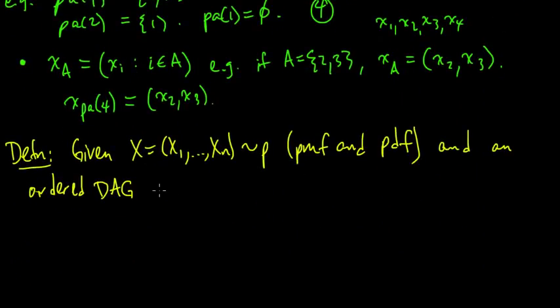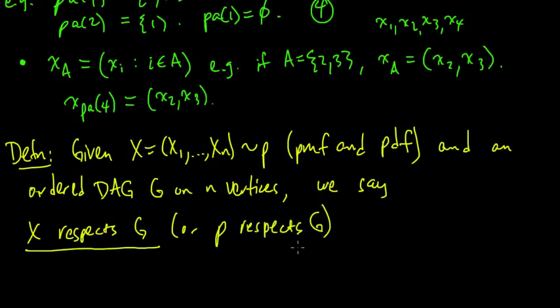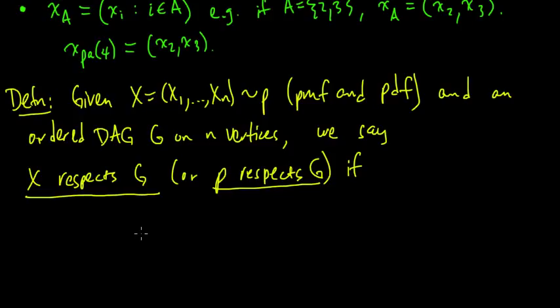So given this and an ordered DAG, let's call it G, on n vertices, we say that x respects G, or sometimes we say that the distribution P respects G, if the distribution can be factored as follows.